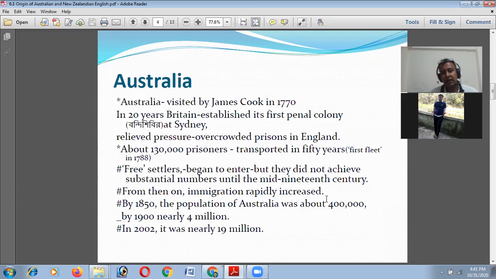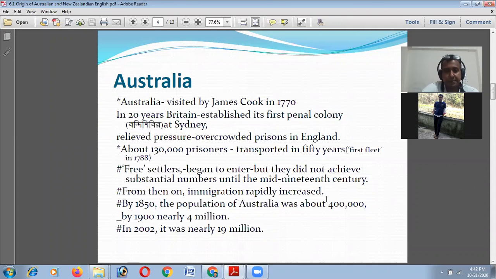About 130,000 prisoners were transported in 50 years. That means 130,000 prisoners who were in British jails were transported from Britain to Australia, Sydney.